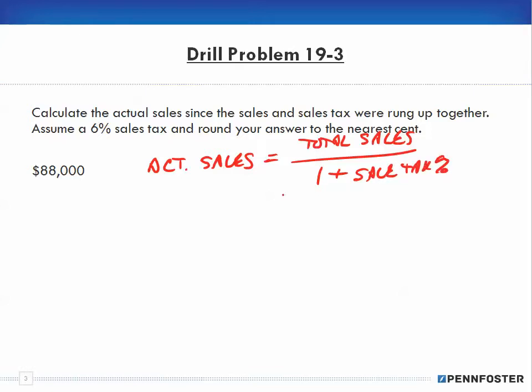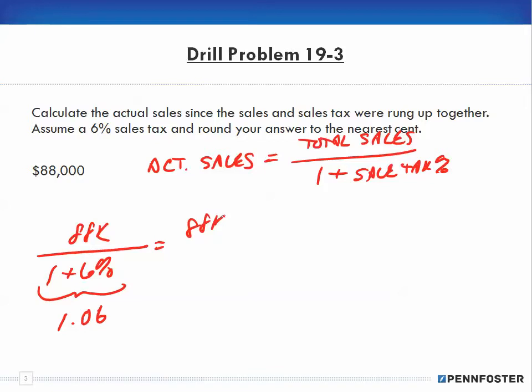So if we're looking at 88,000 as our total sales, 1 plus 6% ends up as 1.06. So I divide 88,000 by 1.06.